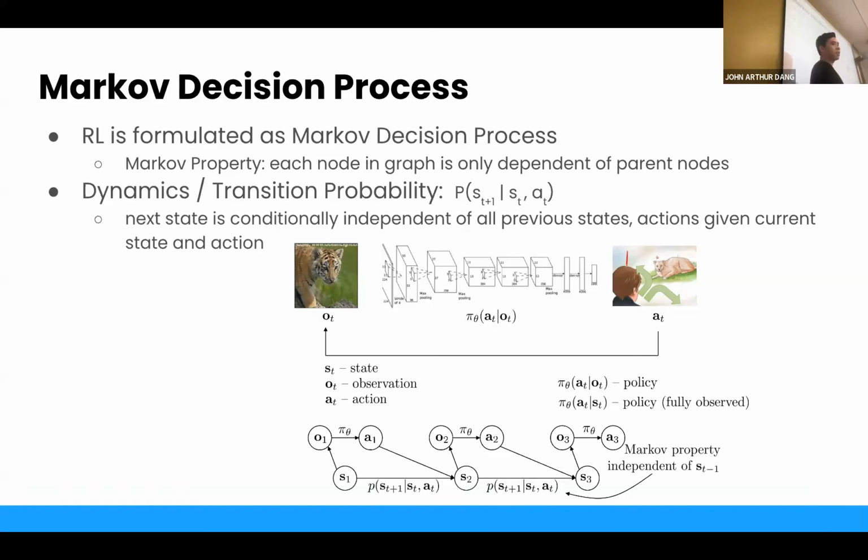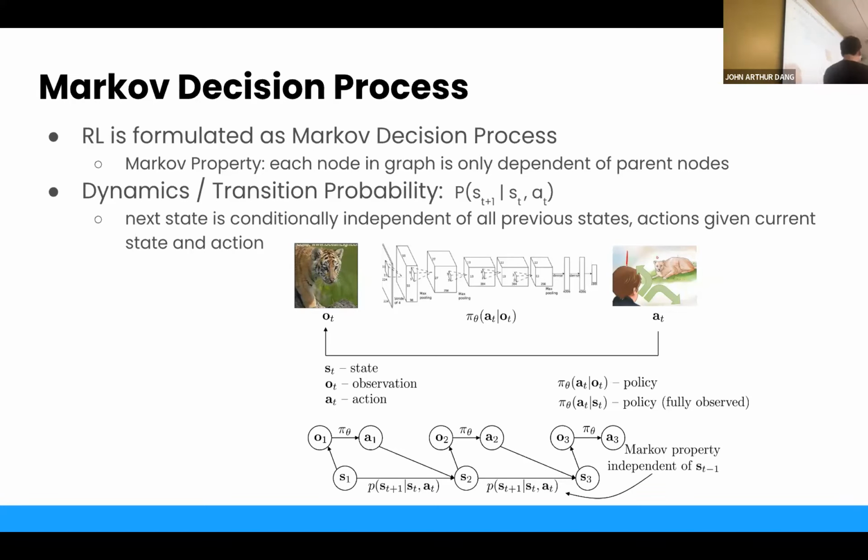Maybe your state is you're looking at a cheetah and your action is you walk towards the cheetah, the probability that the next state is you are dead is probably really high, right? That's what the transition probability tells you.